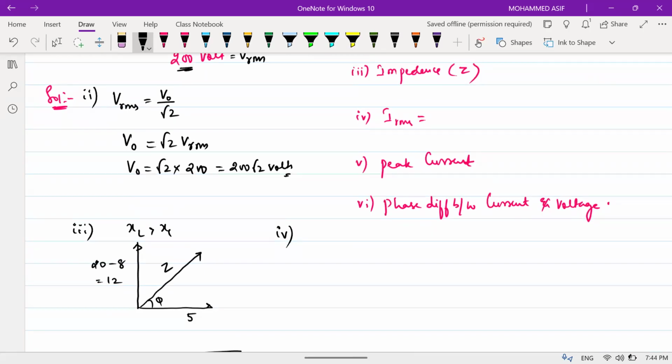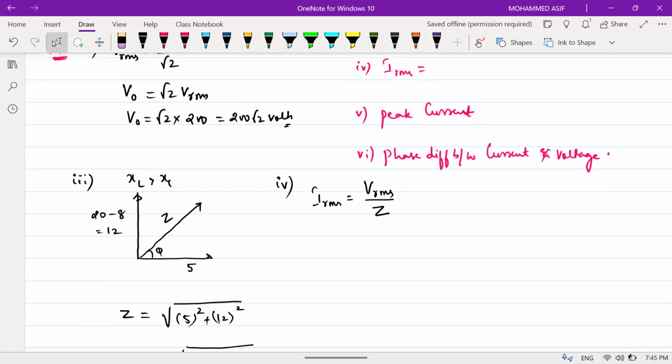IRMS. How do you calculate IRMS? IRMS is equal to VRMS divided by Z. Ohm's law I am applying. V equals I into R. So IRMS is equal to VRMS, which is 200, divided by Z, which is 13. So it is 200 by 13 ampere. Fifth one, peak value of current.